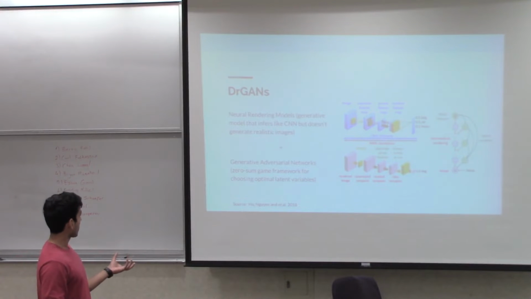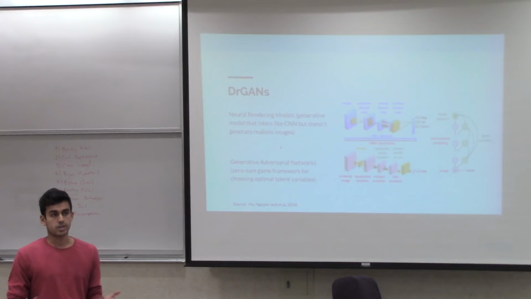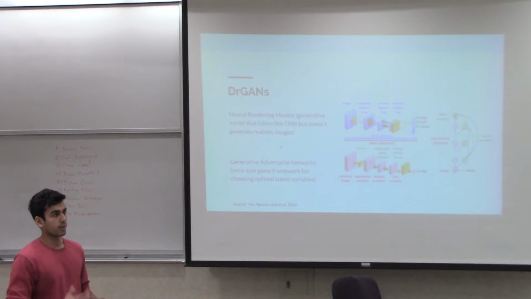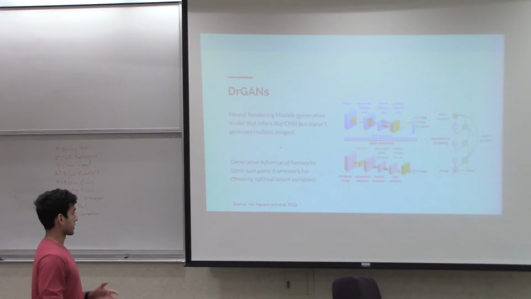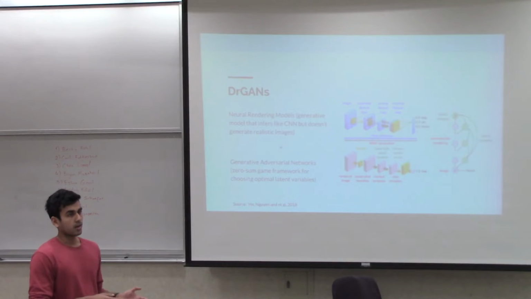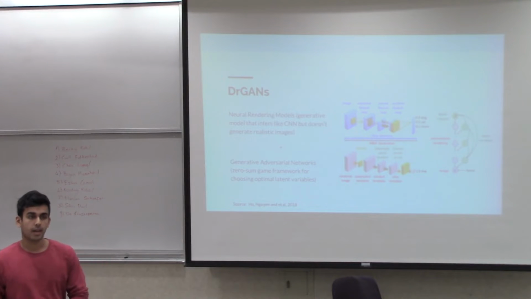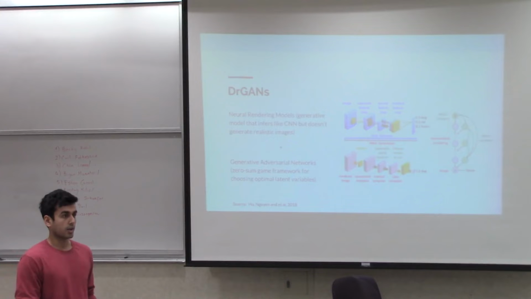If you put that in a generative adversarial framework, it's possible that this framework will allow the network to learn which latent variables to weight, and thereby generate the most realistic looking images that can then align with our target distribution and allow us to train on the best images possible.